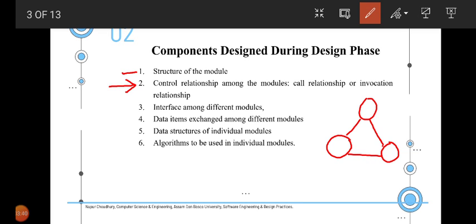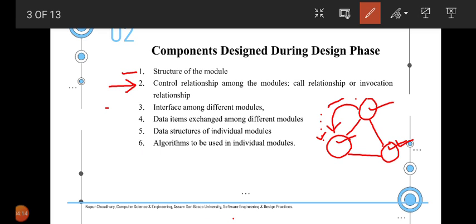It has a triangular structure. Now what type of relation will module 1 have with module 2, or module 2 have with module 3? These things have to be identified well ahead, because it might be that module 1 will be completely using up module 2, or it will just give a call to module 2, or it will just invoke some of the functions which are there in module 2. So all these things are maintained in the control relationship.